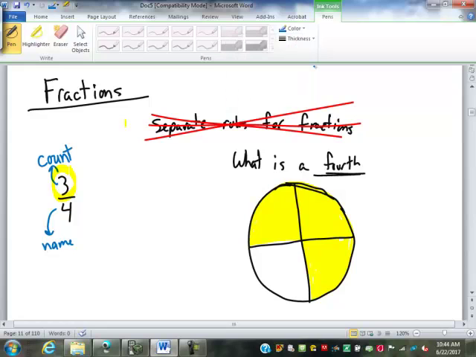So we can either say we have an object that takes 4 pieces and we have 3 of them, or we have 3 pieces, and it would take 4 to make a whole object.